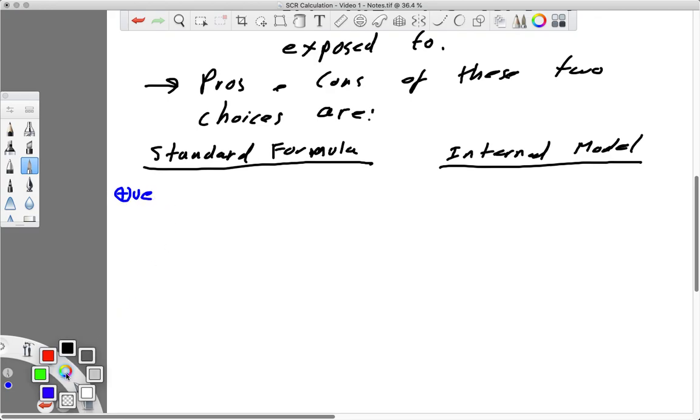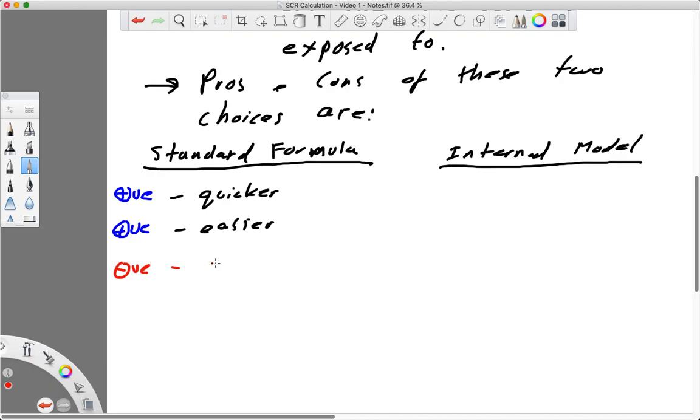So a positive for the standard formula is that it's quicker to do things this way. And a positive is also that it's easier than doing the internal model.